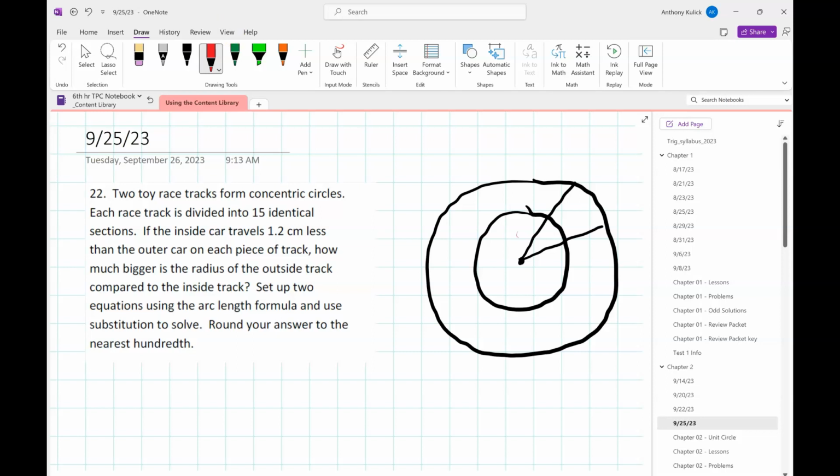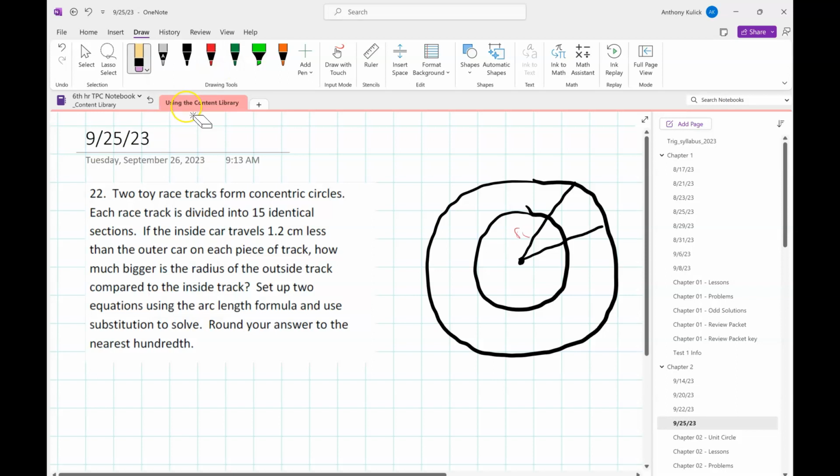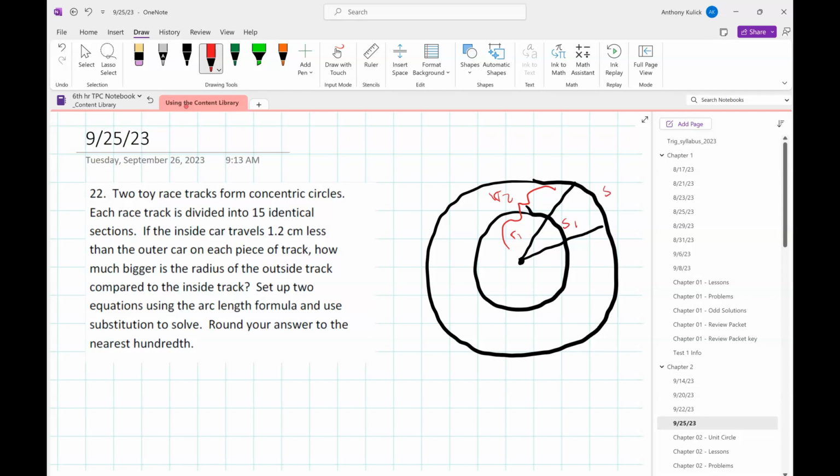So the inner sector, I'm going to say, has radius that we'll label R1. The bigger sector has radius that we'll label R2. And then has arc length S1 and arc length S2 respectively.